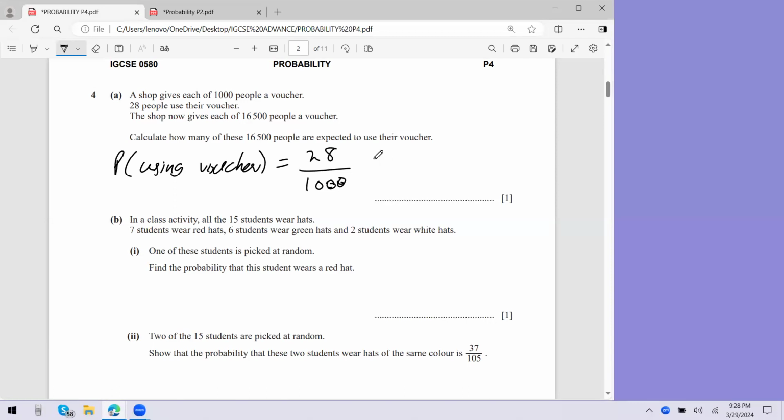Okay, in decimal, you can write 0.028. So now out of 1650, you just need to multiply with the probability 0.028.